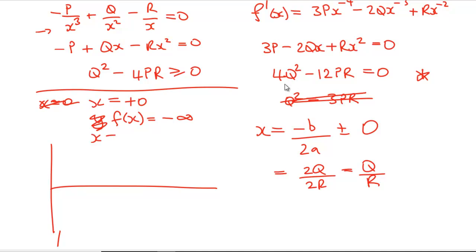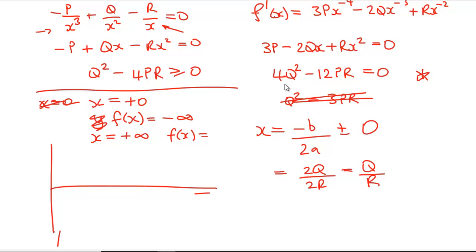So when x is equal to, let's say positive infinity, then f of x is going to be equal to minus nothing, plus nothing, minus nothing. But the biggest nothing is going to be that one, because we've only got an infinity on the bottom, not an infinity squared or infinity cubed. So we're going to have minus nothing. So we're going from there to there with one turning point.